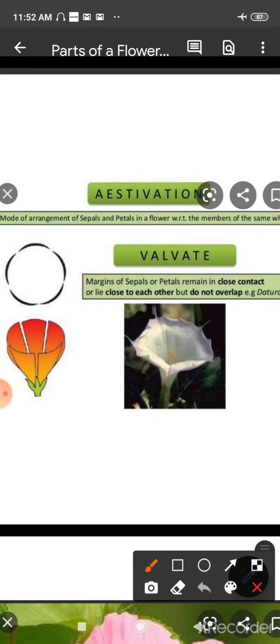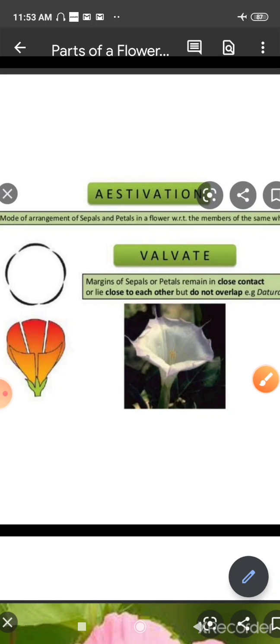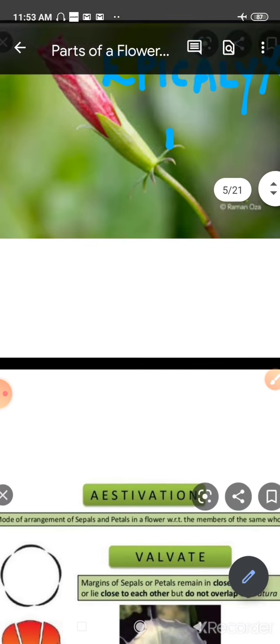So what we see here is that the petals or sepals are close to each other in valvate estivation, and they do not overlap each other.